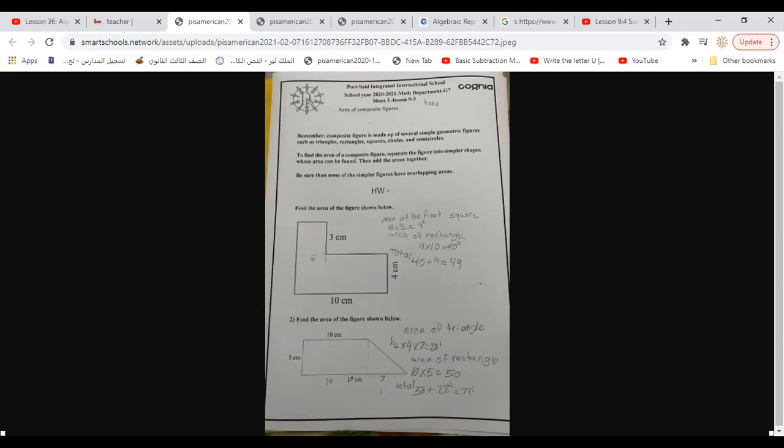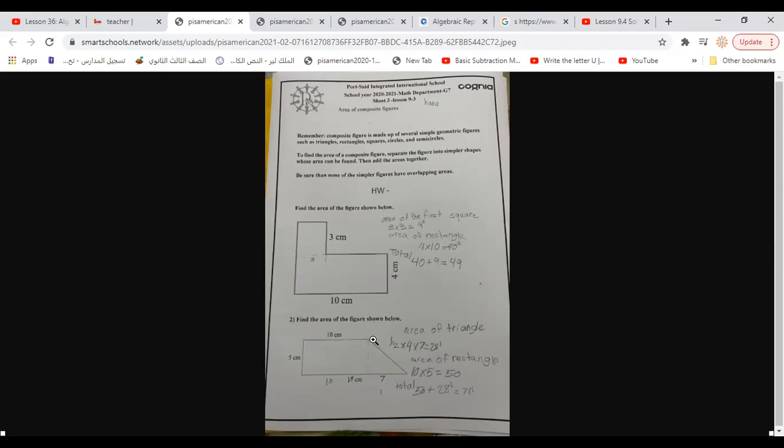Half multiply base multiply height. Half multiply base multiply height. Okay? And he said that all the length of all this side was 17.